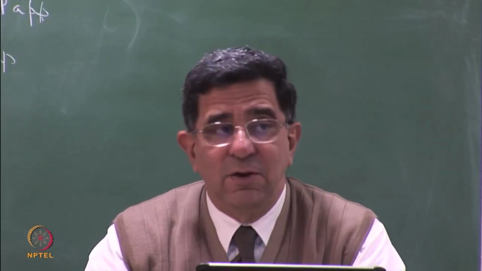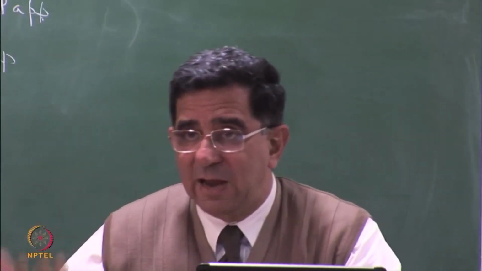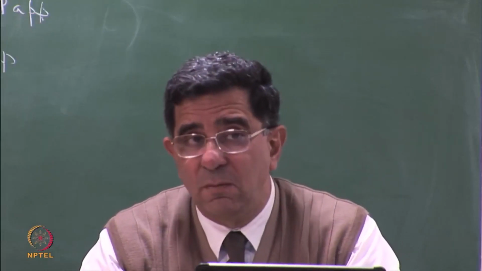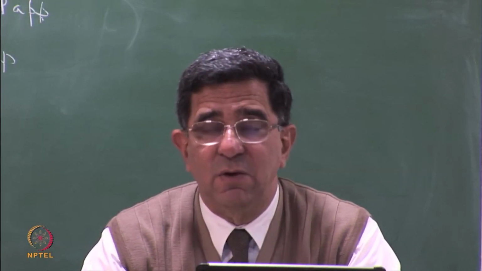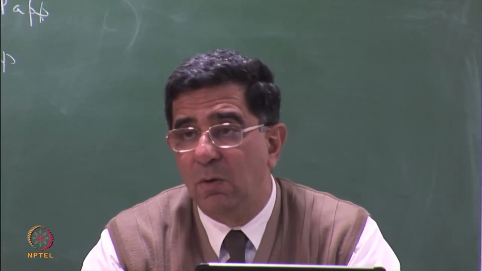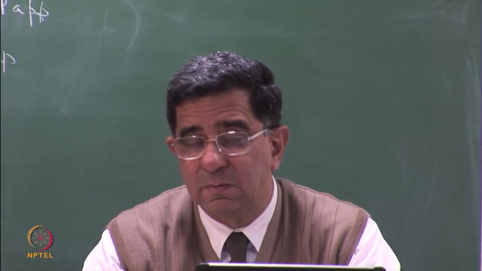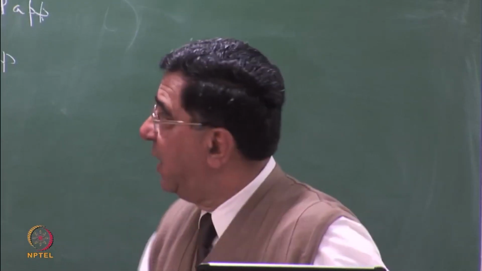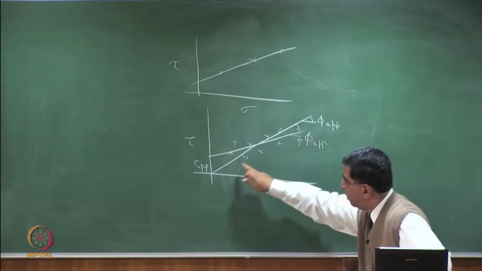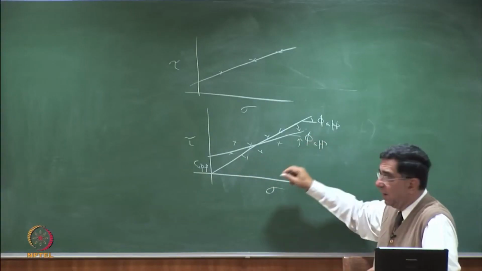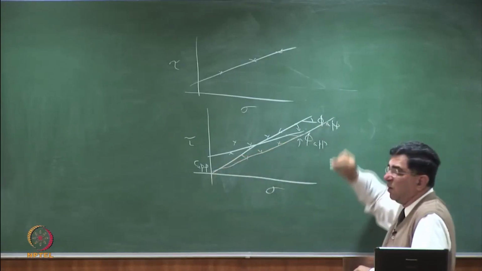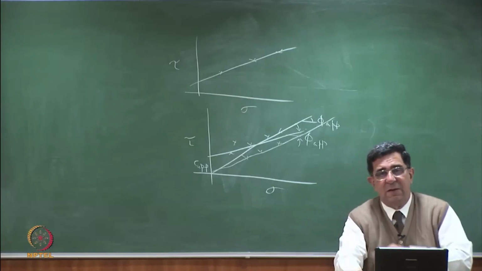Because when your failure surface is passing through a scatter of data on strength, when material is uniform, then you tend to take average values, but when material is heterogeneous, you tend to take lower bound values. So if I have a scatter of data like this, I am very clear that this is my lower bound shear strength values, okay? Somebody may say that you are very conservative, but you look at this value for your purpose of design.